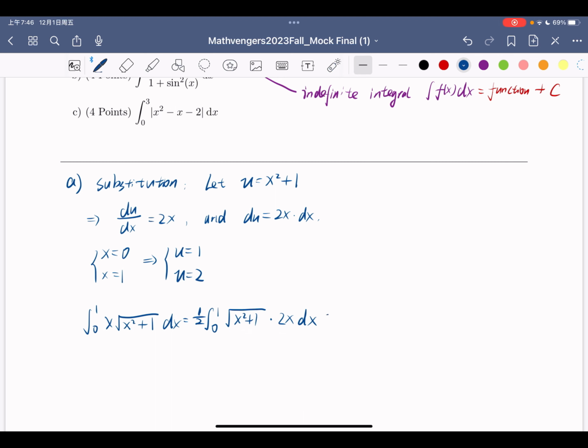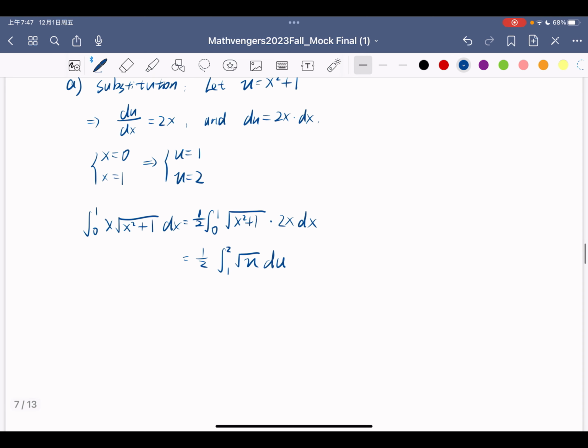So it is equal to 1 over 2 times the integral, and now it's not from 0 to 1, it's from 1 to 2, because we use u from 1 to 2. Inside becomes the square root of u, because x squared plus 1 is equal to u, and 2x dx we change into du.